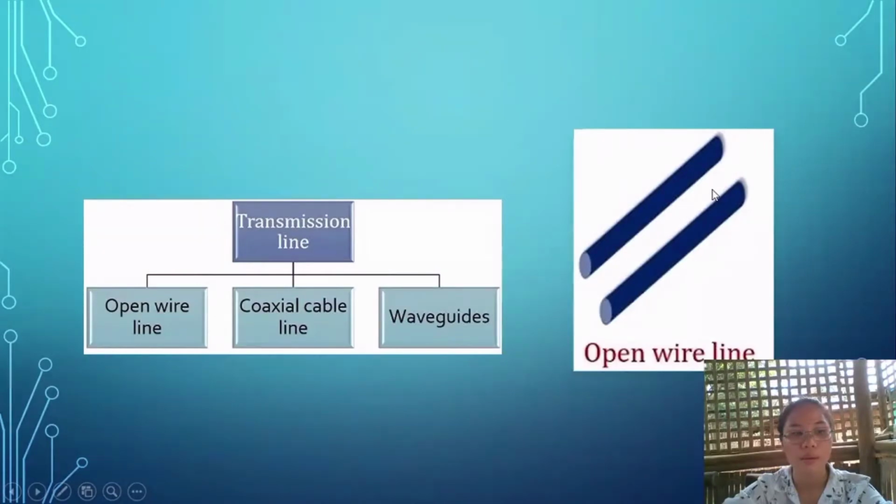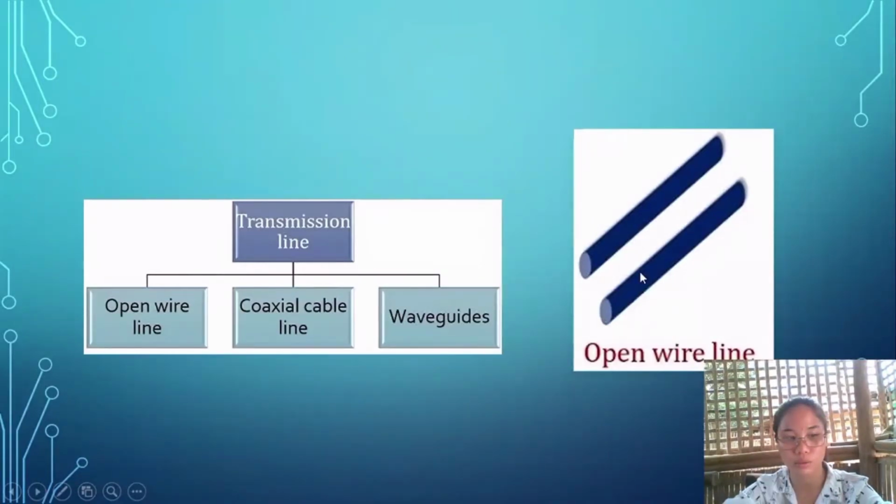But their installation cost is somewhat higher, and maintenance sometimes becomes difficult due to changes in atmospheric conditions. So an open wire line is made up of two wires, one connected to the source and the other connected to the destination.